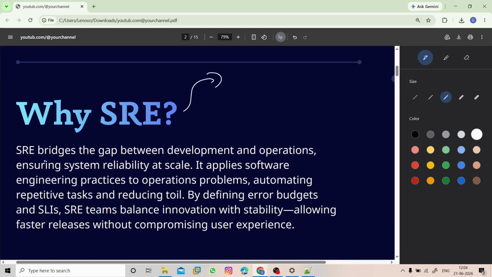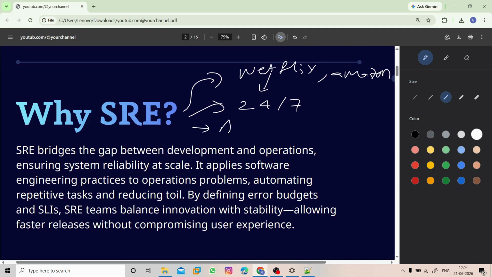Think about applications like Netflix and Amazon. Users expect them to work 24/7. If Amazon goes down even for a few minutes at this scale, millions of dollars can be lost.